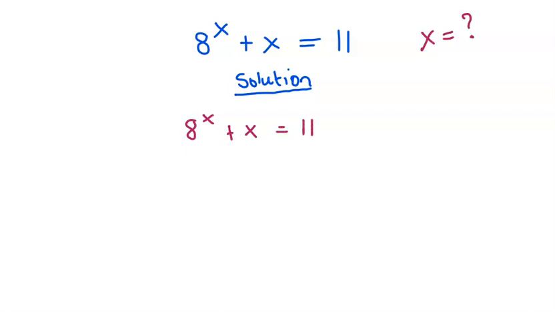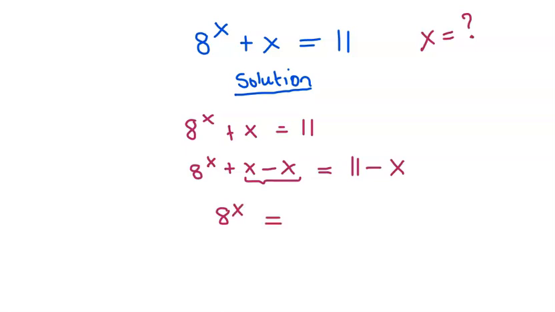Now, in our next step, let us subtract x from both sides. So here we have 8 to the power of x plus x minus x. So this will be equal to 11 minus x, right? Okay, so we can see that from here, x minus x is 0, right? So from the left hand side, we have only 8 to the power of x.